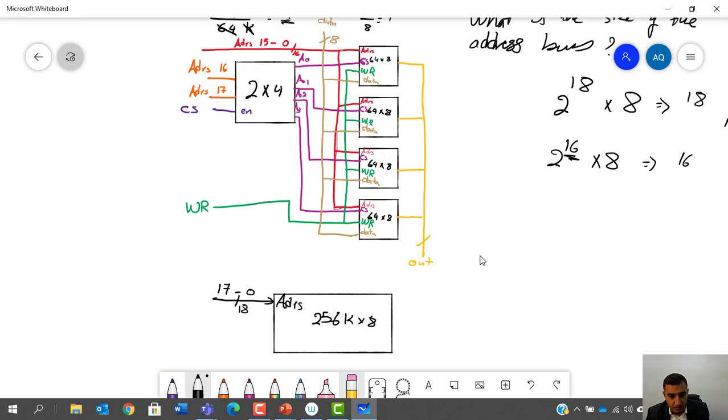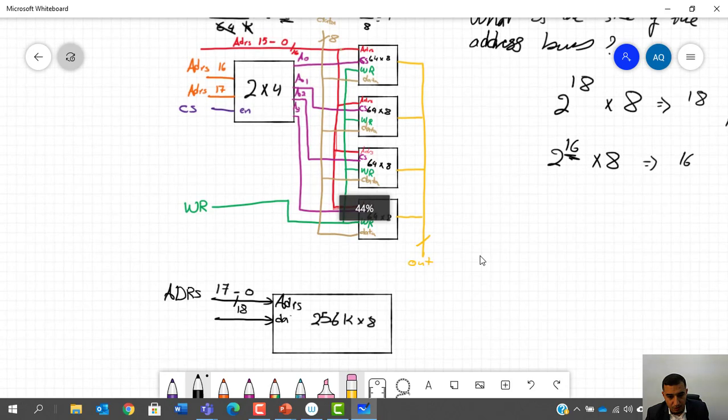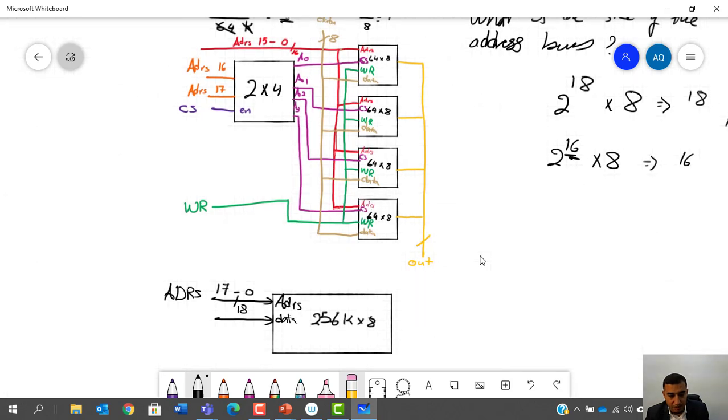This is our address. You will have data as input, which is 8. You will have WR, and you will have chip select, and your output will be 8.